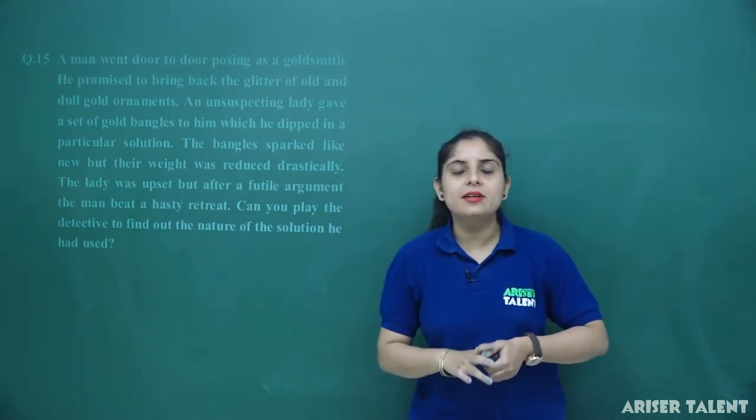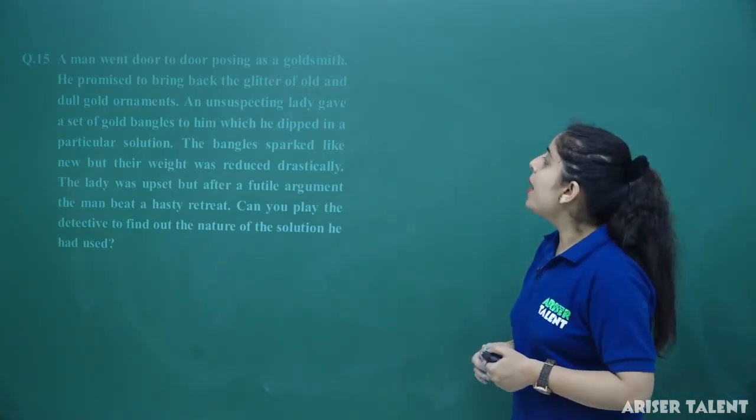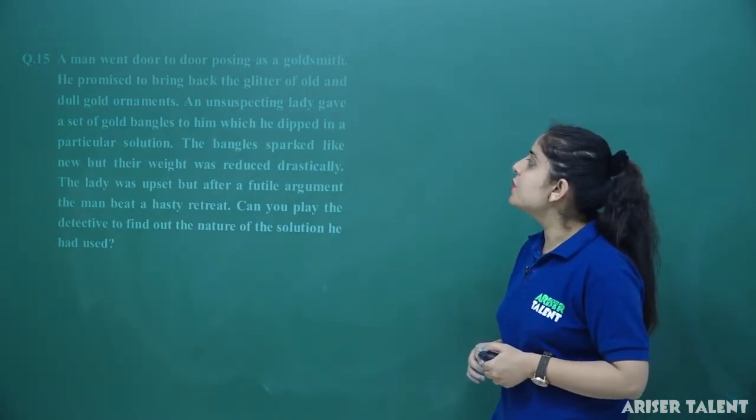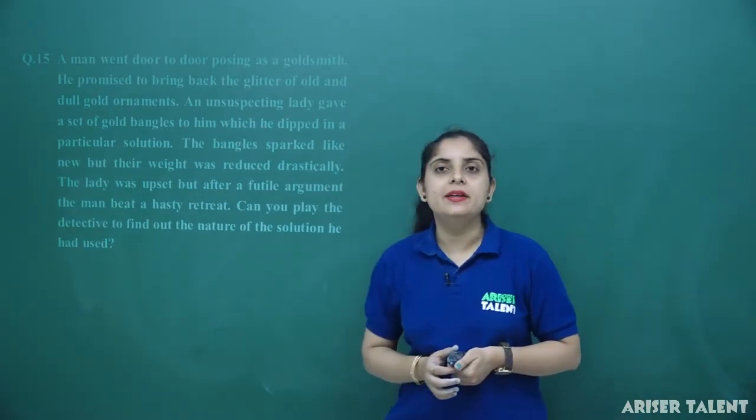Again, you have to read each statement carefully so you can identify the clue here. A man went door to door posing as a goldsmith. He promised to bring back the glitter of old and dull gold ornaments.